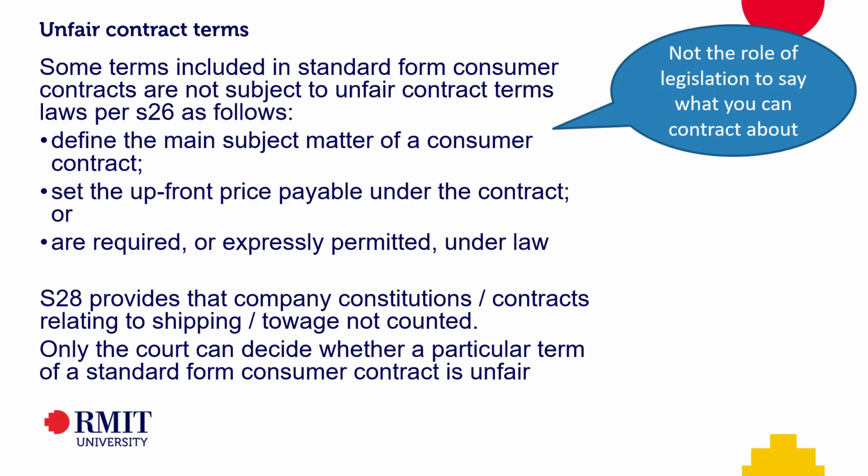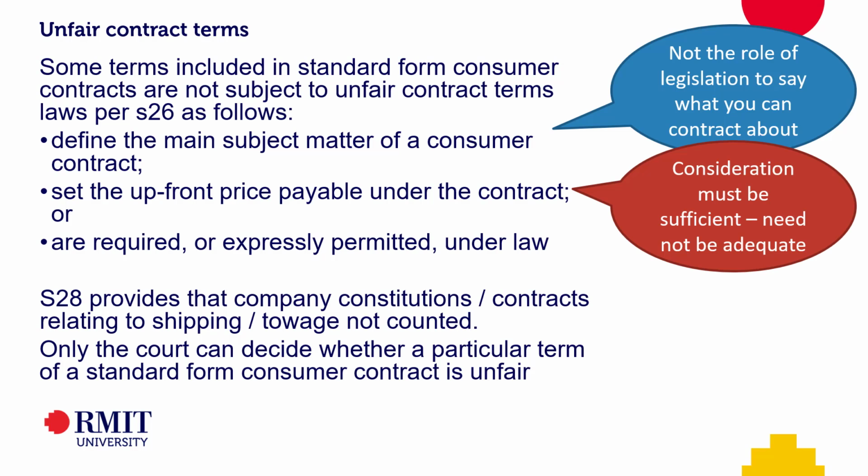Terms that set an upfront price payable under the contract will never fall within this, because consideration needs to be sufficient. It's not for the courts to judge whether it is good or bad consideration, a good or bad price. So unfairness doesn't necessarily go to price.